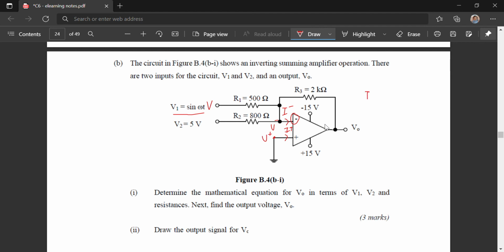Here, I minus equals I plus equals 0, and V minus equals V plus. V plus is connected to the ground, so it equals 0. Same concept: you need to define the KCL, and then derive the mathematical equation. You just need to find the equation for V out, and then draw the output signal for V out.